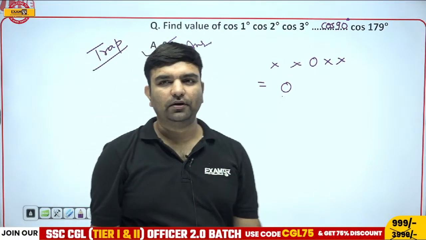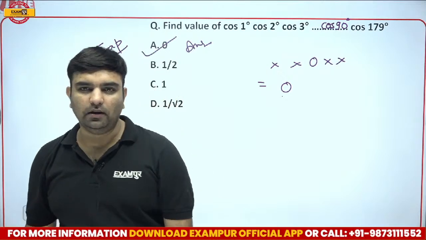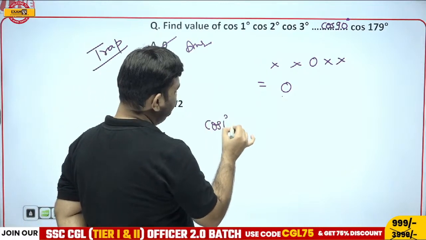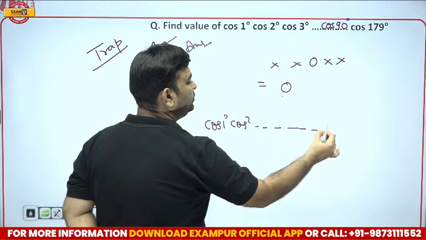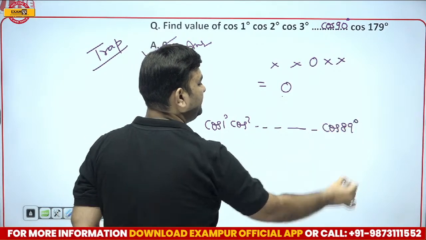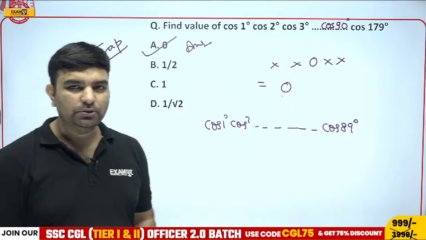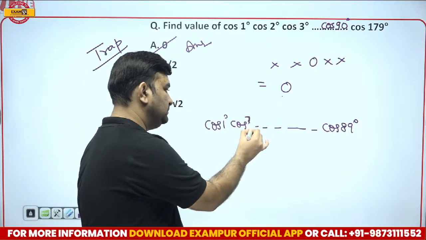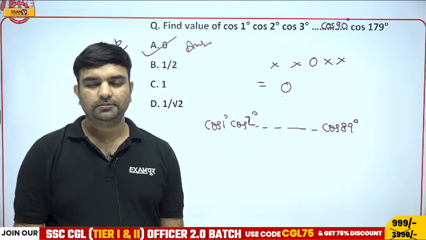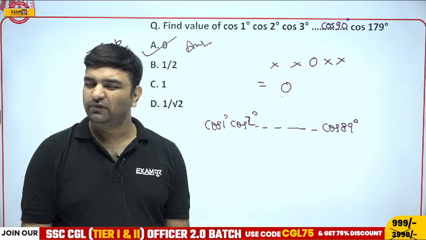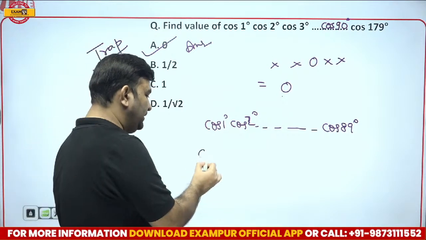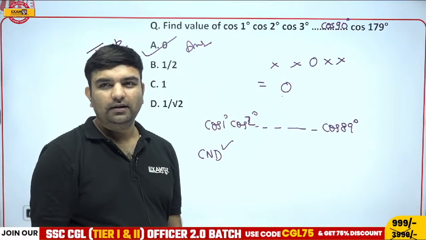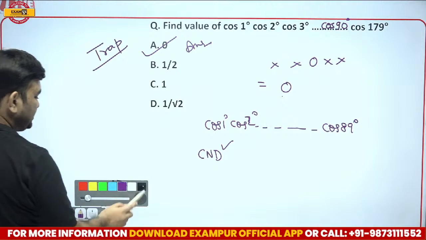We are able to solve it only because cos 90 is there. If someone asks you cos 1, cos 2, cos 3, cos 4 up to cos 89, what would be the answer? You will say, no, we don't know. Cannot be determined, C and D. Because in cos there is no such relation.